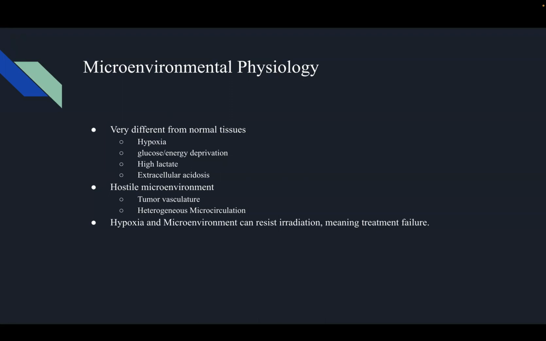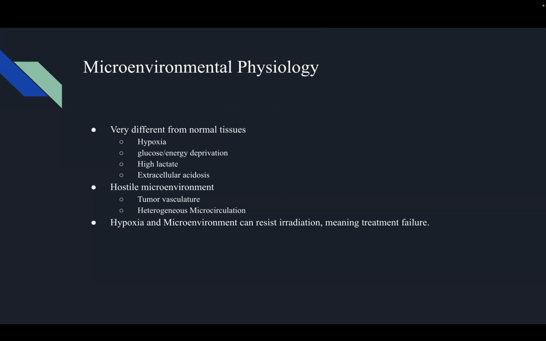And then it will also present extracellular acidosis, and the hypoxic microenvironment can resist irradiation treatment, meaning that we can see treatment failure for tumors. So the hypoxia paired with the very weak vasculature and the extracellular acidosis, all of these compound into being a very difficult thing to treat, considering it is vastly different from normal tissues.